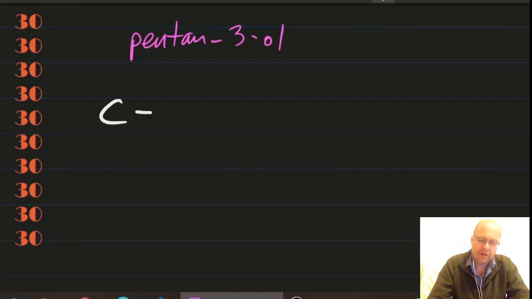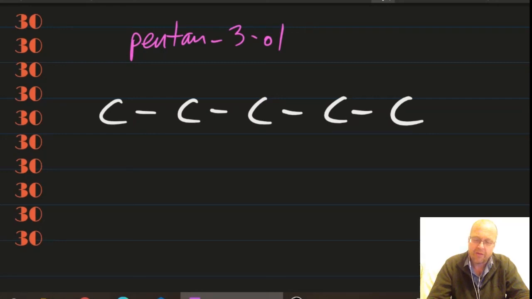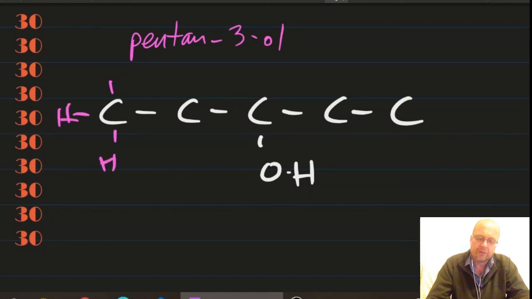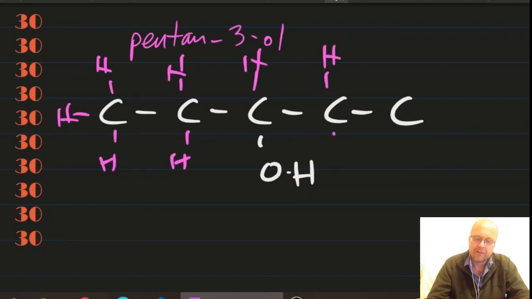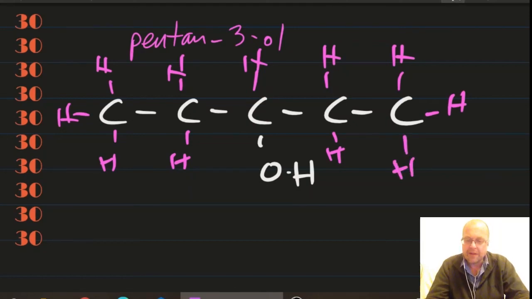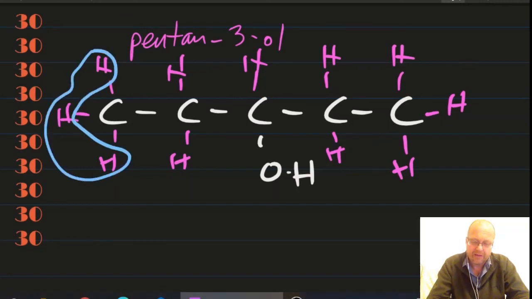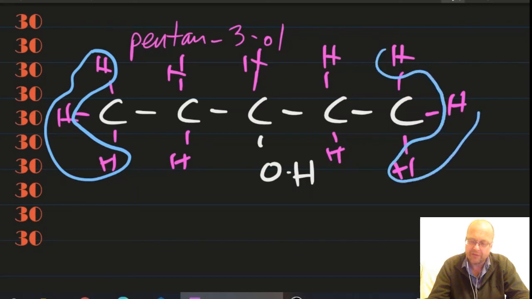Pentan-3-ol. So 1, 2, 3, 4, 5 for pentane, and on the 3rd carbon, I've got that. Oh, that was hexan-3-ol above, wasn't it? Let me draw in the hydrogens. I've got 1, 2, 3, 4, 5, 6, 7, 8, 9, 10, 11. All right, so how many hydrogen environments? Well, these 3 hydrogens are in exactly the same environment as those 3 hydrogens.